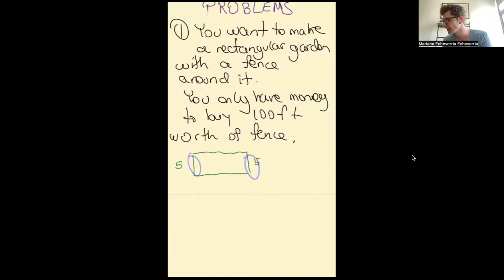This other side is going to be 5 feet, right? So the perimeter, the fencing, is a total of 100. So for a rectangle, how much should each of these sides be? Good. It should be 45 feet.